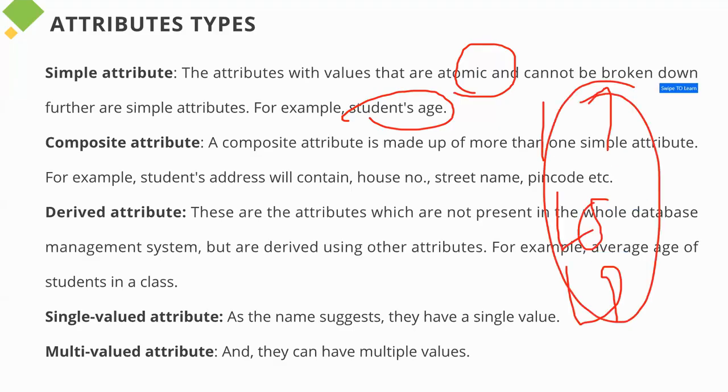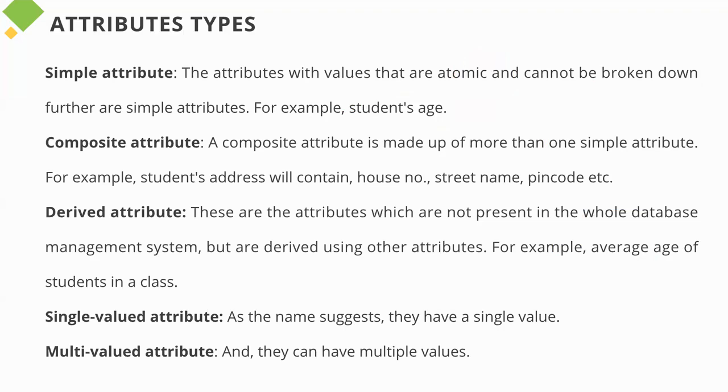You can't break it down, right? This is called a simple attribute. A composite attribute is made up of more than one simple attribute. For example, the student address contains house number, street name, pin code, lane, and landmarks. You can break it down into several simple attributes.